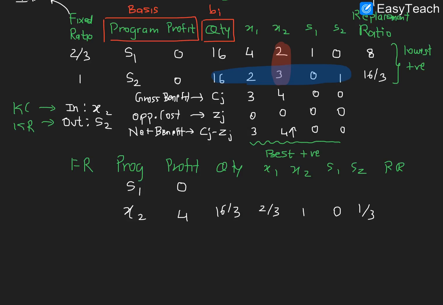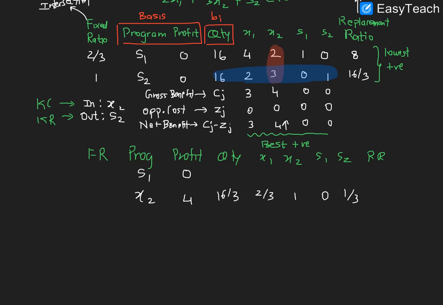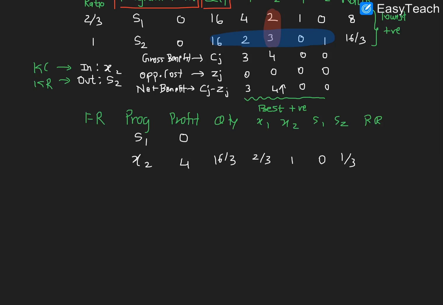In that working, we are going to have something called A minus B. So for S1 we are going to do a working where we say it is A, B and then A minus B.